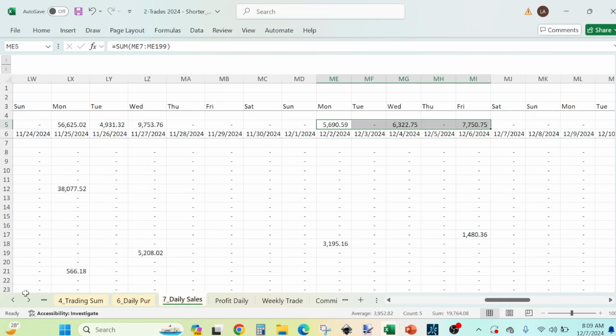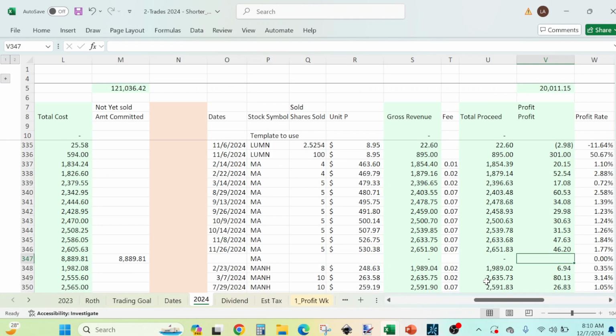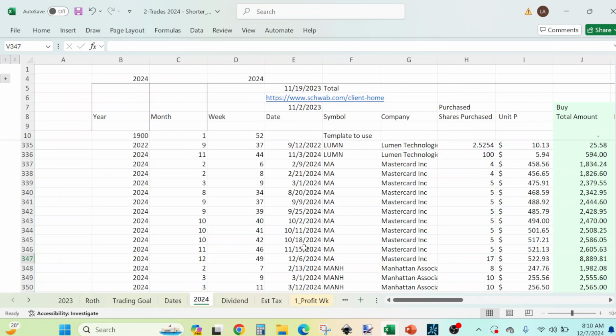Another thing that we could look at as well would be to make sure the dates that we enter for buying stocks, we update that date properly. For this purchase, we have that, and we have week 49 for it.